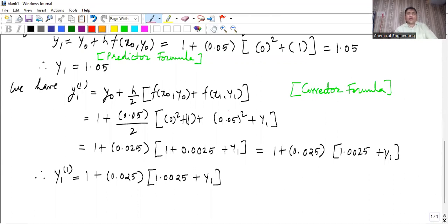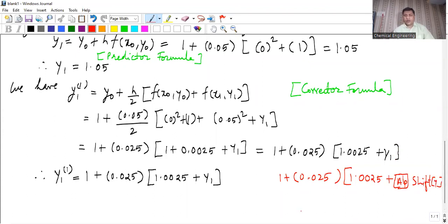Take out your calculator and type this equation. 1 plus 0.025, use proper brackets, and this will be 1.0025 plus, then you have to use the alpha button, and then shift, and then you can find a bracket, so you have to type y.